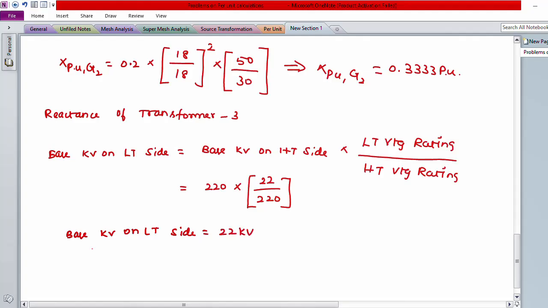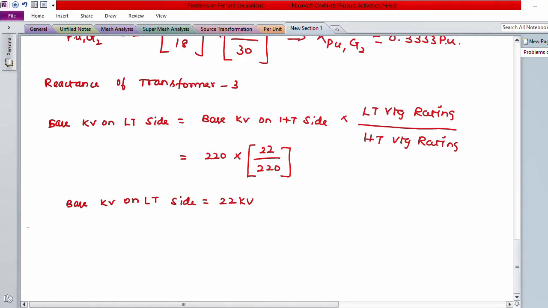So by using this, we have to determine the transformer 3 per unit reactance and generator 3 per unit reactance. So X per unit transformer 3 is equal to the old value of the reactance, 0.1, and the kVB old value is 22 on low voltage side. The new value is 22 kV.